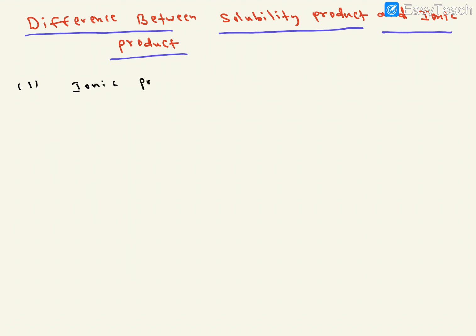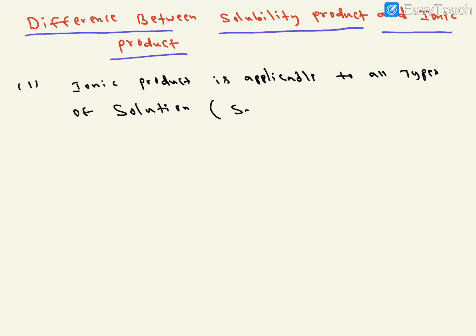The first point: ionic product is applicable to all types of solutions, that is, both saturated solutions and unsaturated solutions.